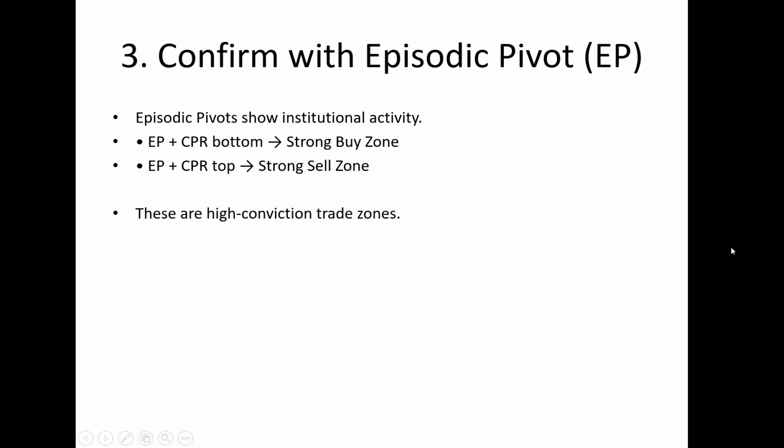Next, confirm with episodic pivot. I've given you all episodic pivot. Episodic pivot is an indicator to identify institutional activity. If it is CPR combined with rolling pivot and combined with the episodic pivot, that is institutional activity.